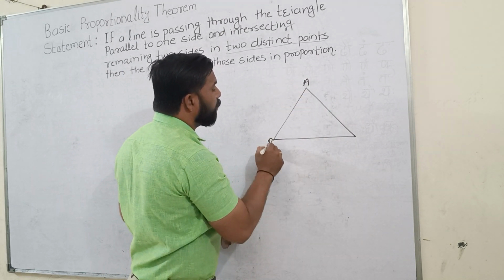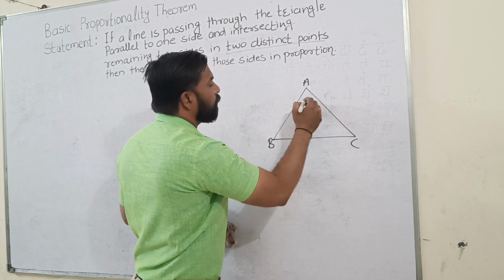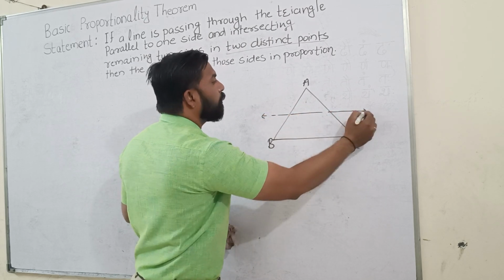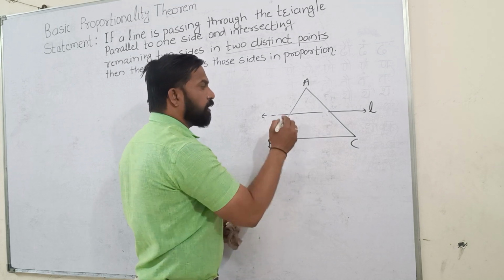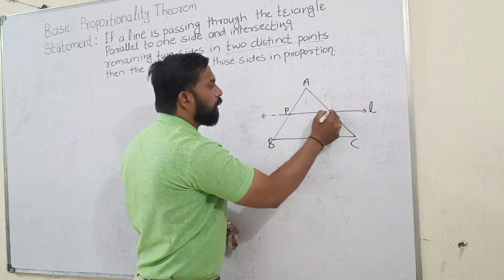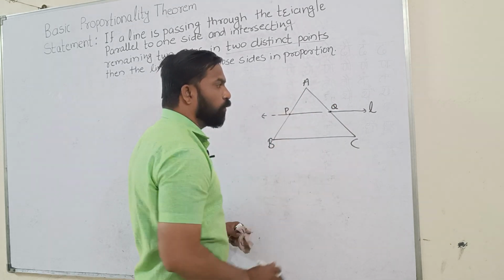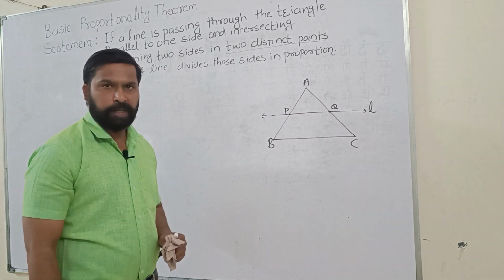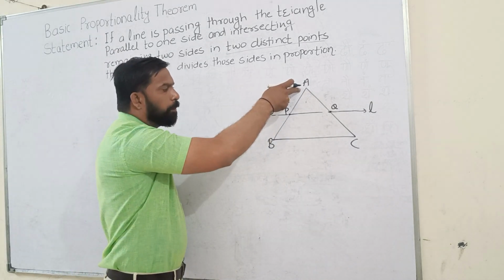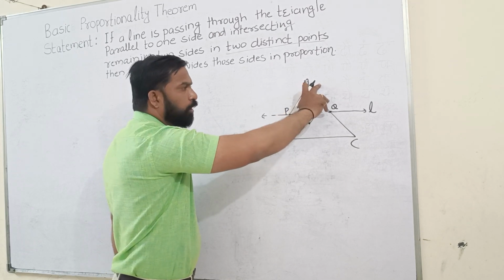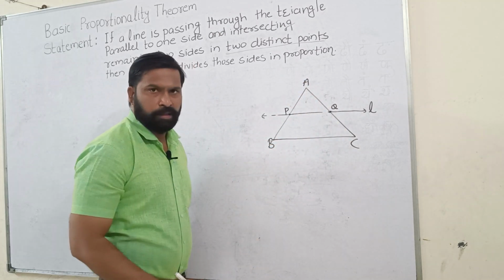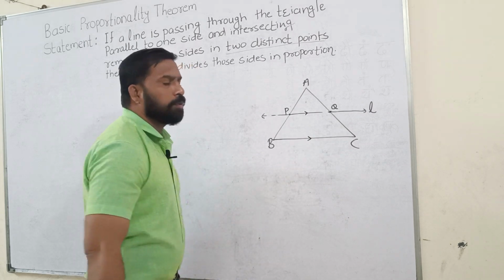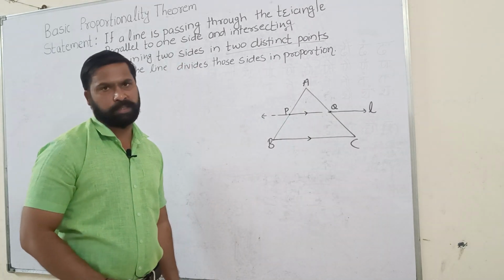A, B, C, and line L is passing through the triangle and intersecting it at points P and Q. What we want to prove here is AP by PB is equal to AQ by QC. But the only thing given to us is that this line is parallel.